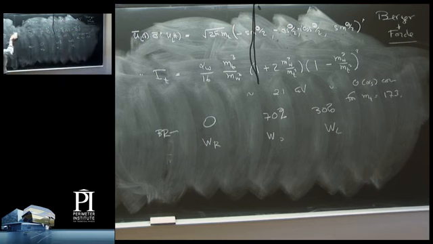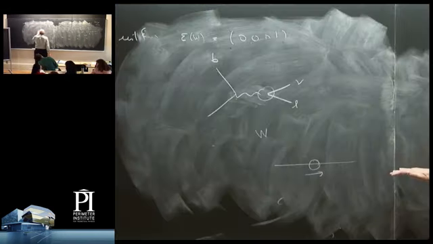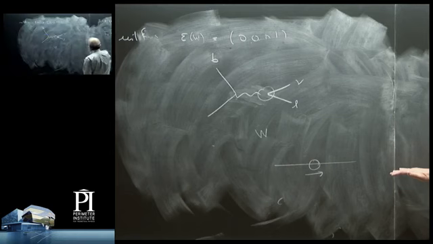Let's say that we can reconstruct an event where I have a top quark that decays to a W, going, let's say, to lepton and neutrino, and a bottom quark. So let me now find the frame of the W. What I'd like to do is to look at the following distribution.